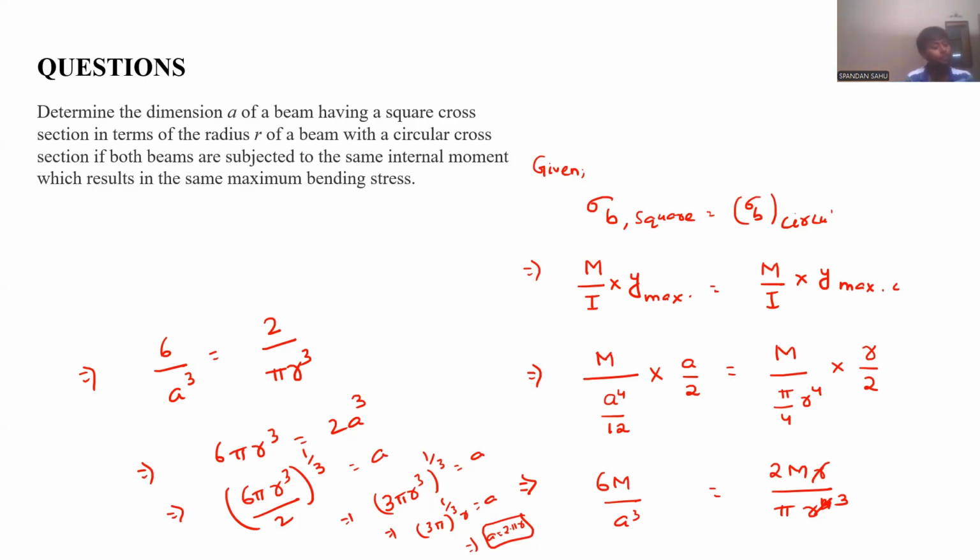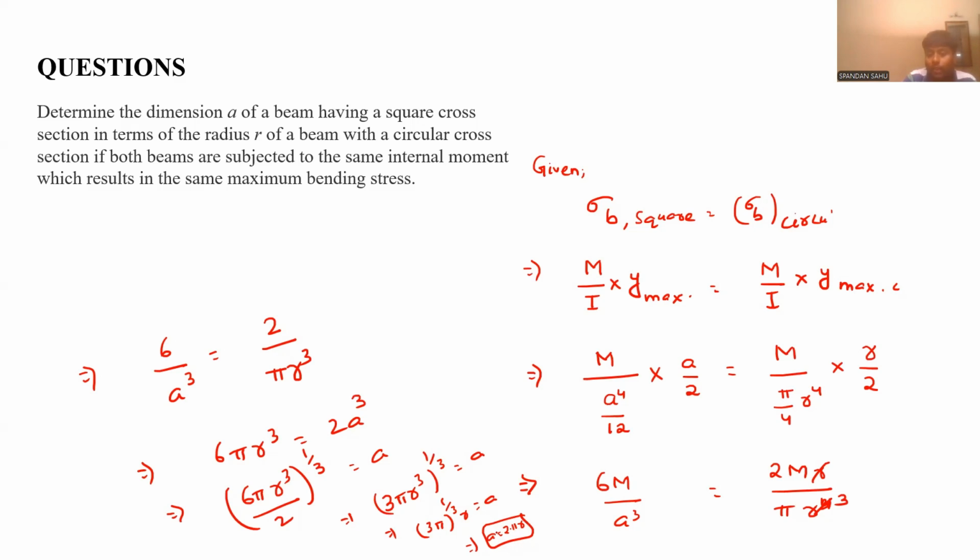Is this question clear? Here it has been written a equal to 2.11 r.